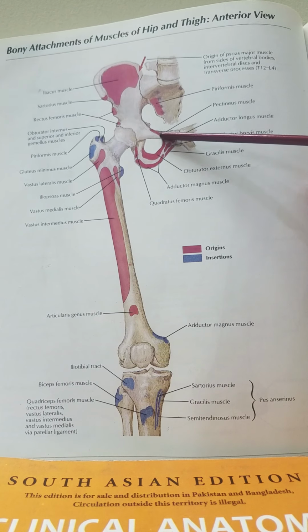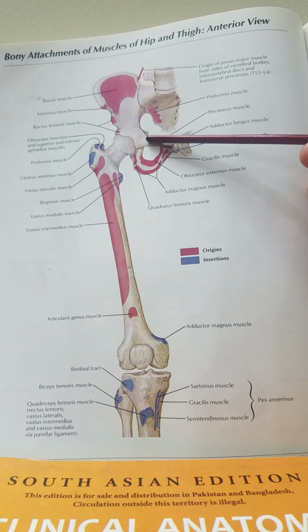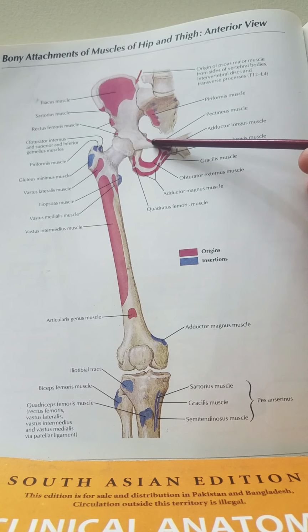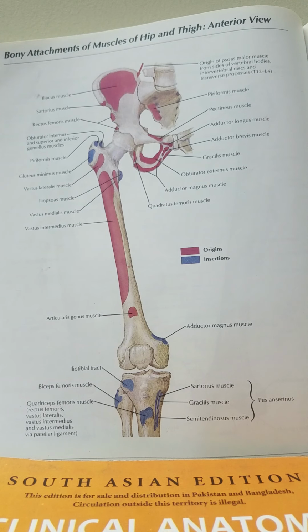And right here, lateral to the pubic tubercle, on the pectineal line, you can see the pectineus muscle, right?